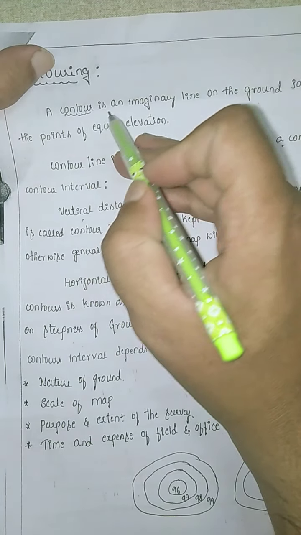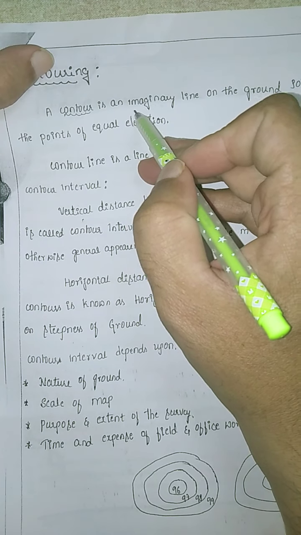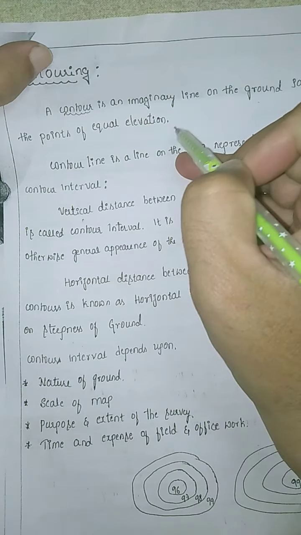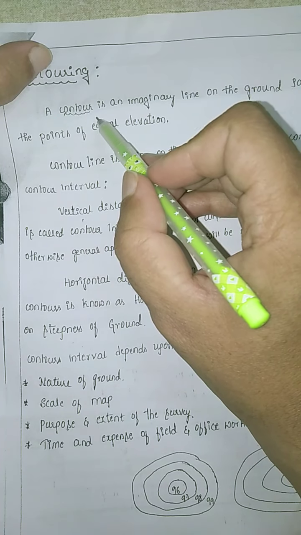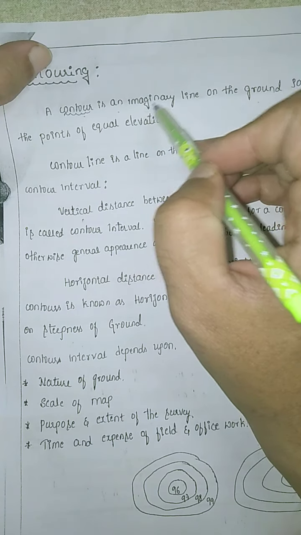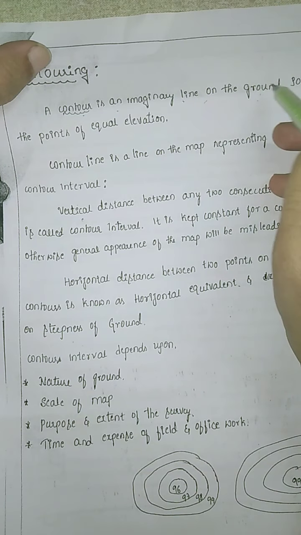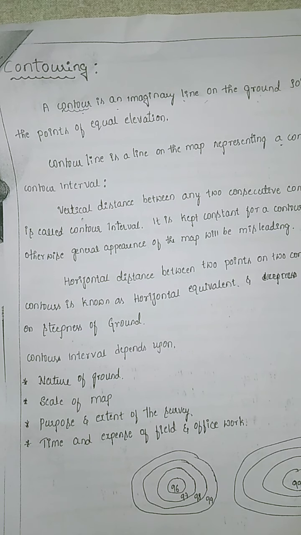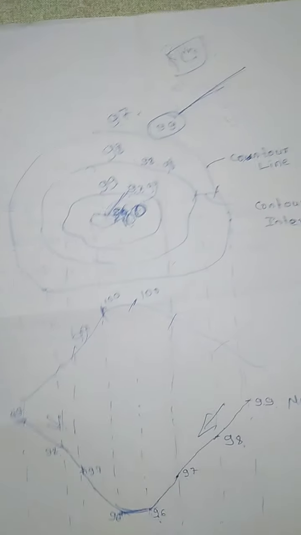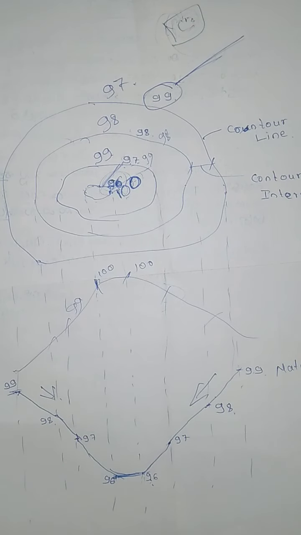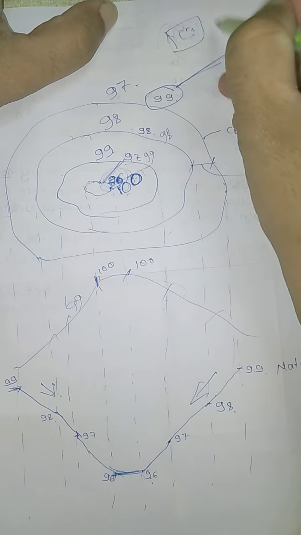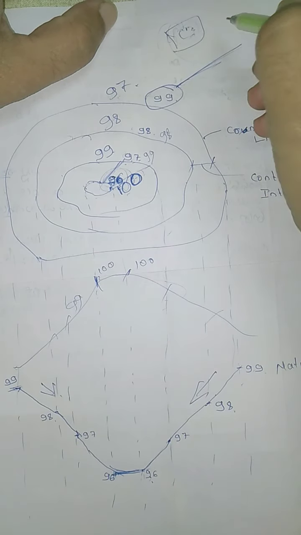Now the contour line is nothing but an imaginary line on the ground joining the points of equal elevation. I'll repeat it. A contour is an imaginary line on the ground which joins the points of equal elevation. Now suppose this is an area where you have done the survey using either a theodolite or a dumpy level.